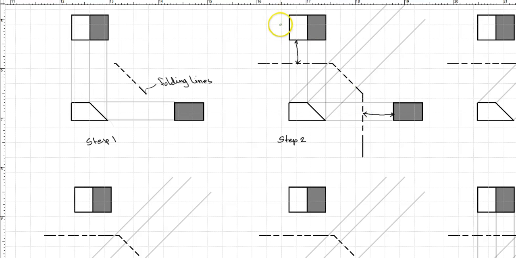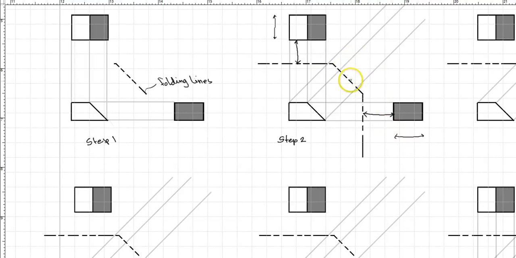Now why is that? Is because we are going to transfer this depth onto right here so we can find the depth of the object. Okay?